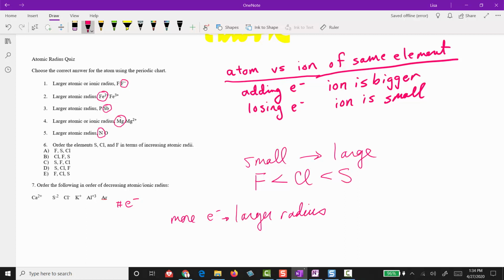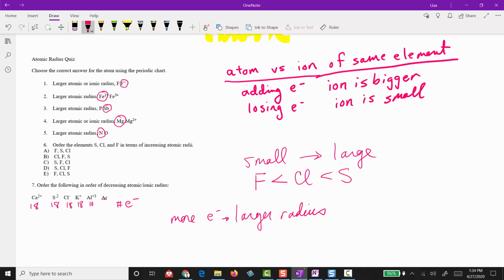So let's see, periodic table here. Calcium losing 2 has 18. Sulfur gaining 2 has 18. Chlorine gaining 1 has 18. Potassium losing 1 has 18. Aluminum losing 3 has 10.